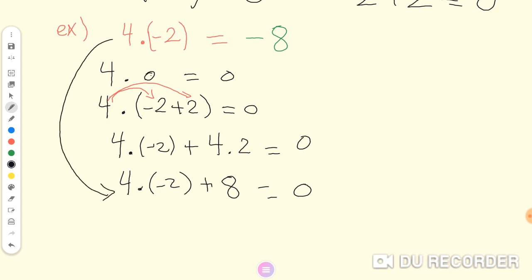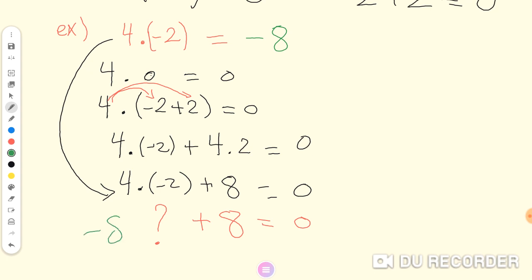I need to get 4 times negative 2. Plus which number? Plus 8 gives us 0. The additive inverse, which is negative 8.